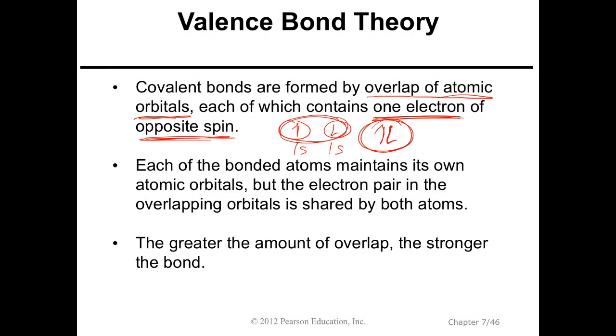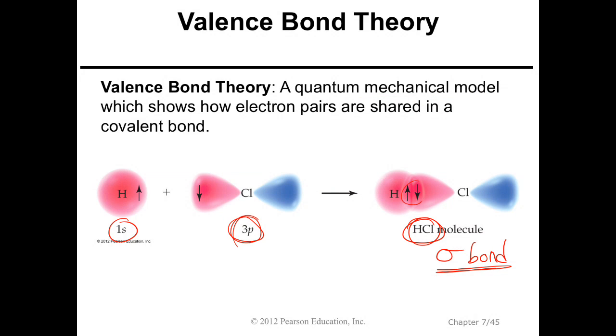Each of the bonded atoms maintains its own atomic orbitals, but the electron pair is shared by both atoms. These two electrons have come from a p orbital here and an s orbital over here, and now they're shared between those two orbitals.